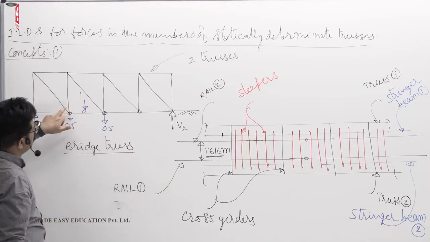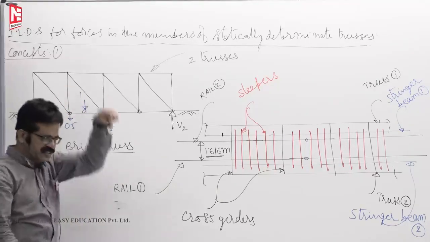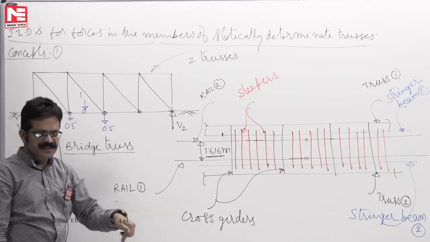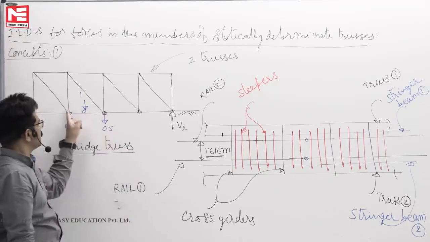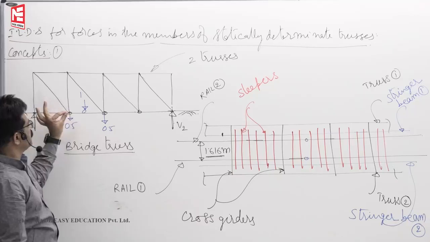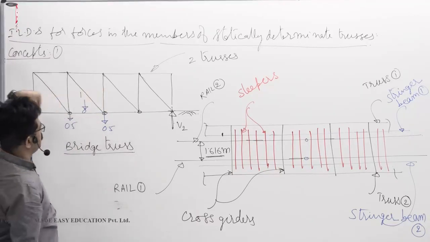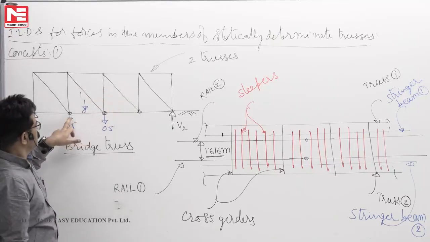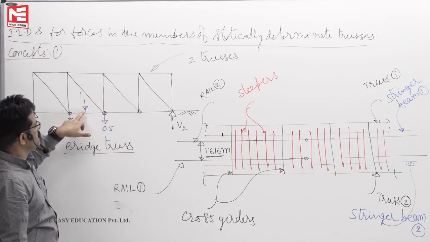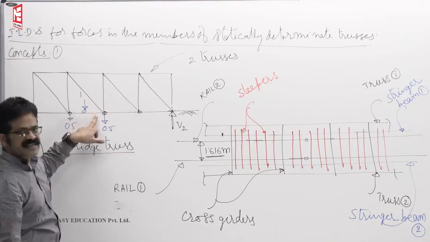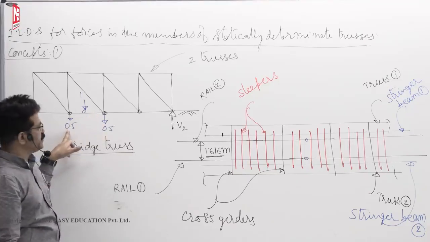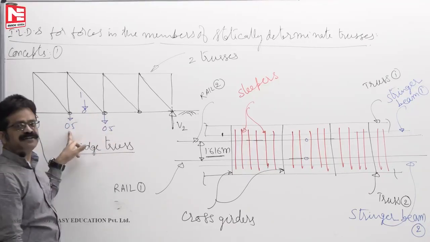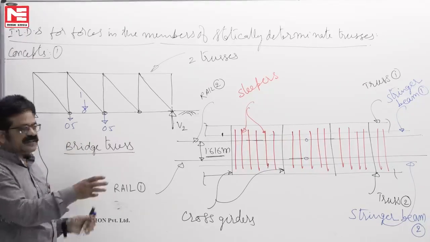If the unit load comes here, the entire load is transferred to the single cross girder only. As the load is moving on the rail between the cross girders, if this load is at 3/4 of this L, then here you will get 0.75, here you will get 0.25, like that.